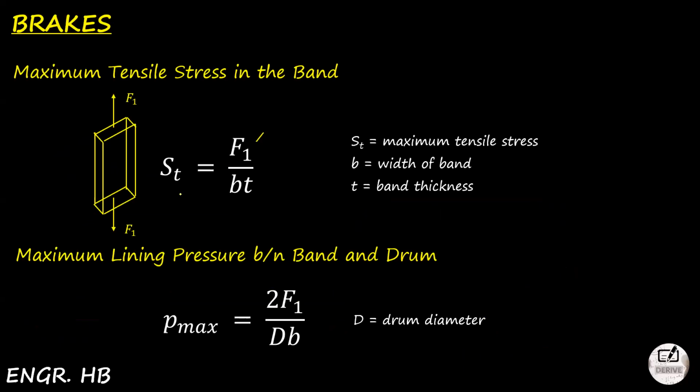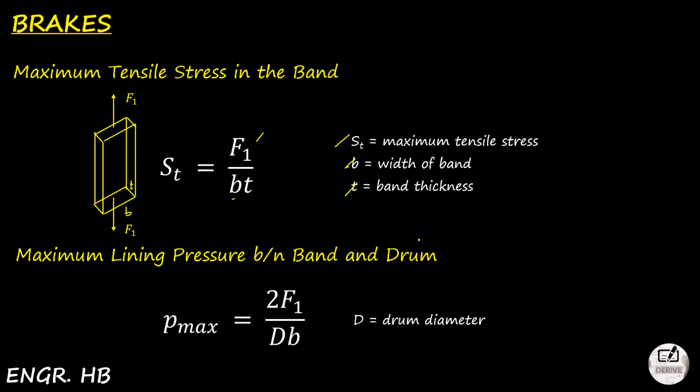So the maximum tensile stress ST is equal to F1 over Bt, where B is the width and t is the thickness of the band. Maybe later in the problem we can include the unit analysis.